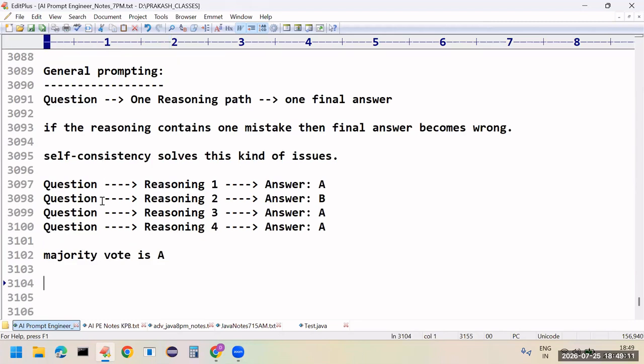So instead of identifying only one reasoning path, let us identify multiple reasoning paths. In multiple ways, we solve the problem, identify the common, majority solution, and declare that as the result. This is the technique we follow in self-consistency prompting. Clear?